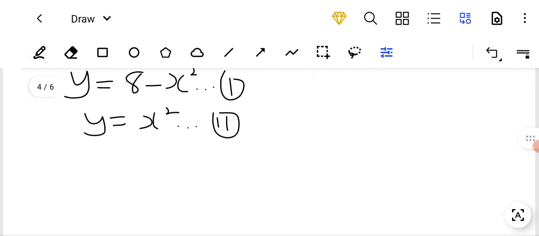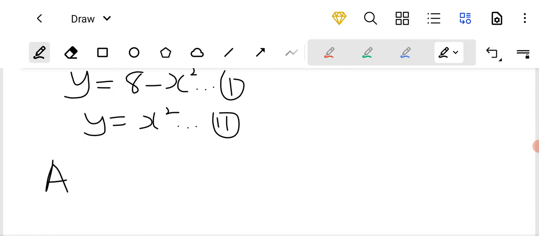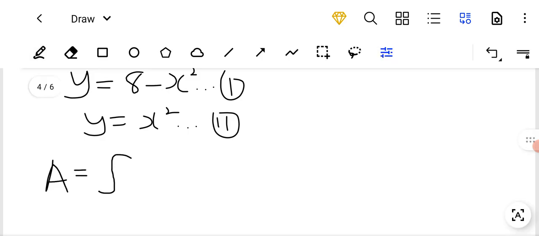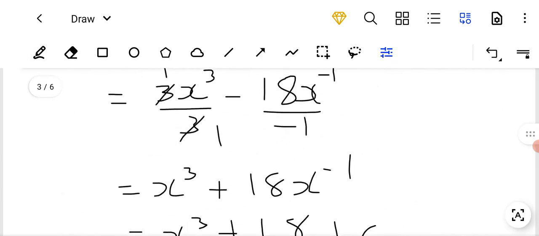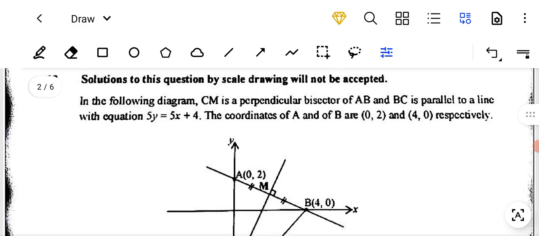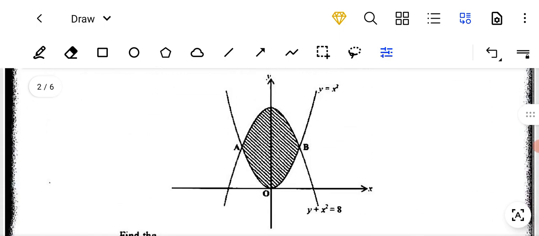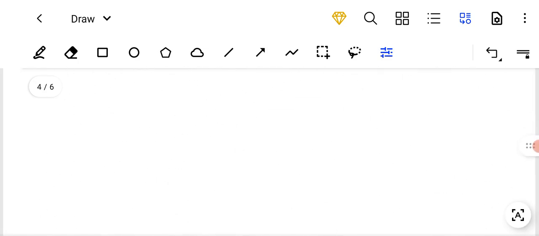Then to integrate, area will be equal to the integral from, so what are we integrating from? It's between a and b, where we know that our a is a negative 2, b is a positive 2.